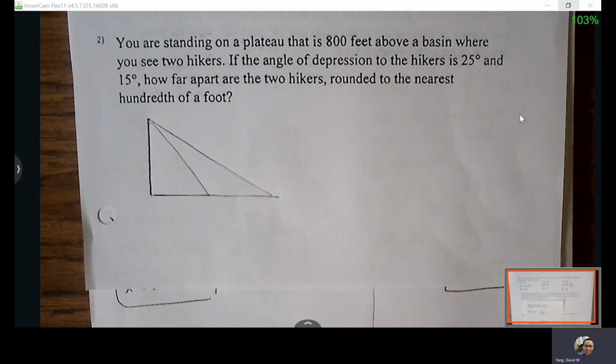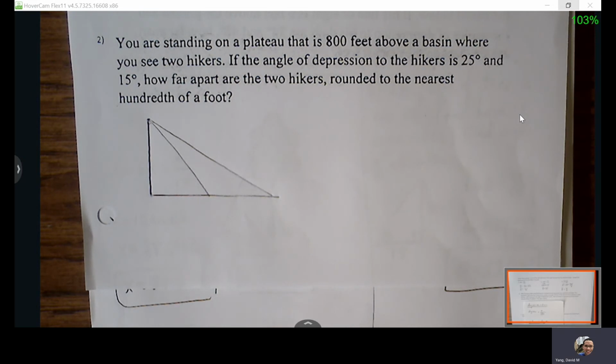Okay, ultimately, we're trying to find this distance, the distance between the two hikers. But you're not going to solve for x initially. You're going to have to find the base of the big triangle, find the base of the small triangle, and subtract the difference.